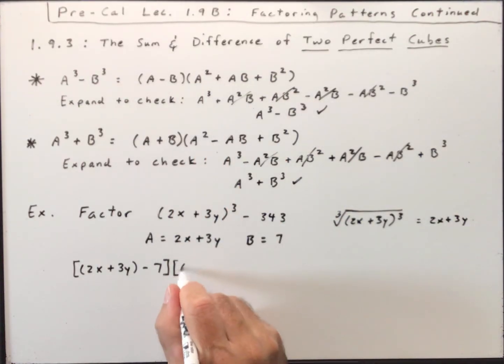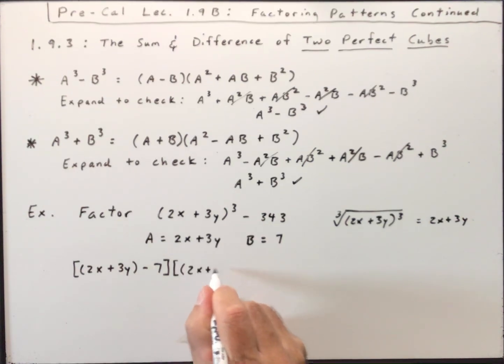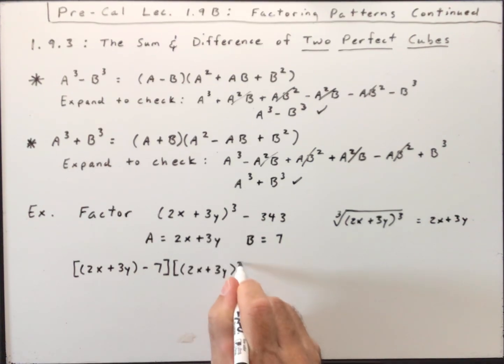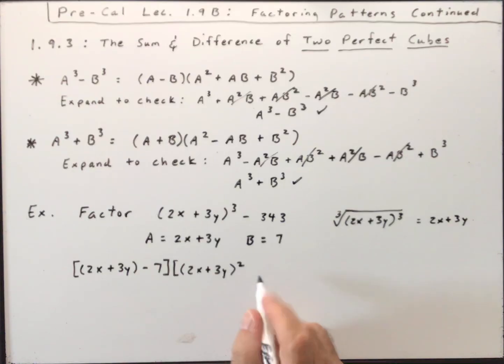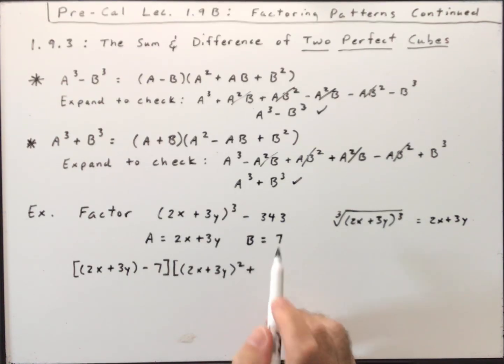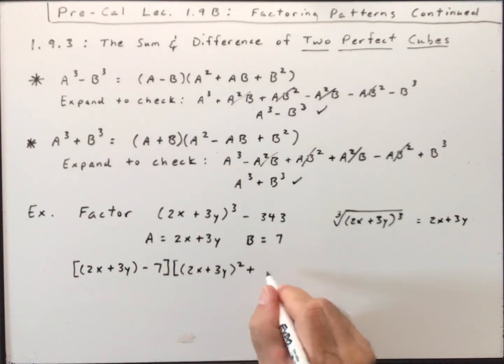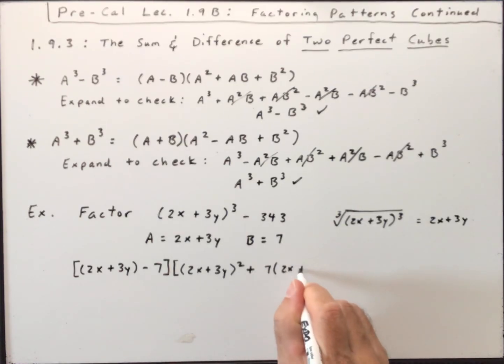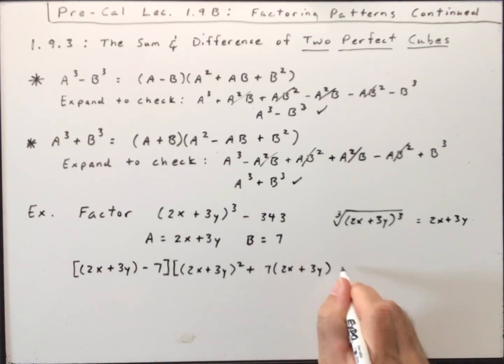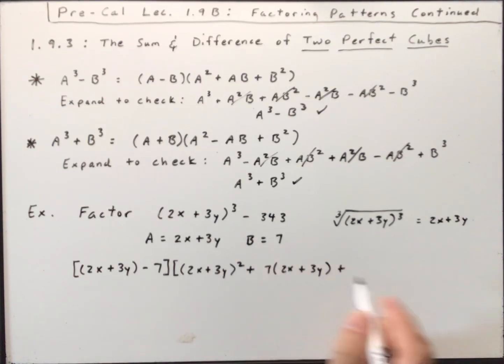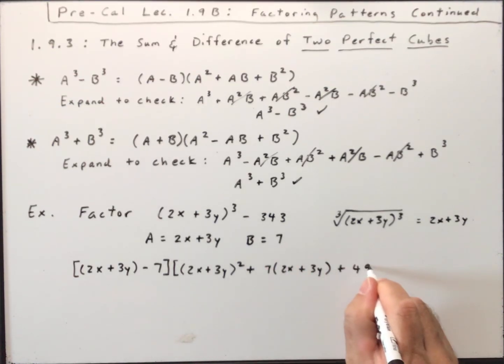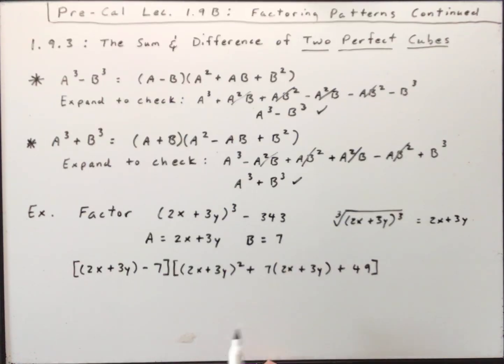Well, a squared would be 2x plus 3y all squared. All right, and then we have plus, because we're in this first formula, a times b, so that's going to be 7. We want to put the coefficient first, times 2x plus 3y. And then plus b squared, 7 squared would be 49.